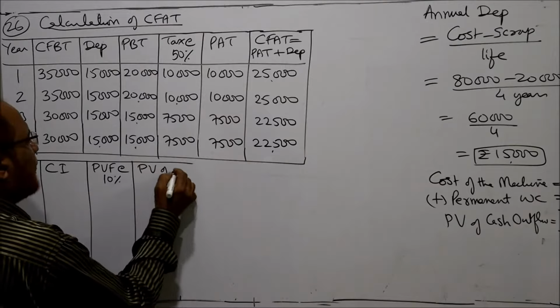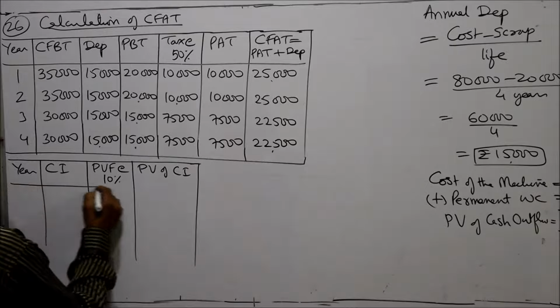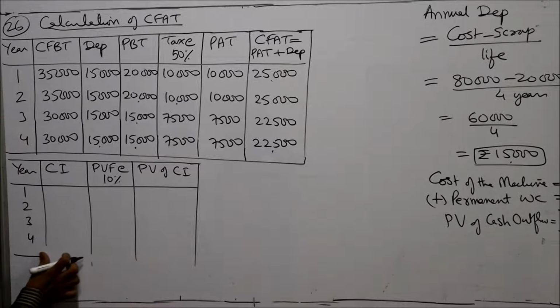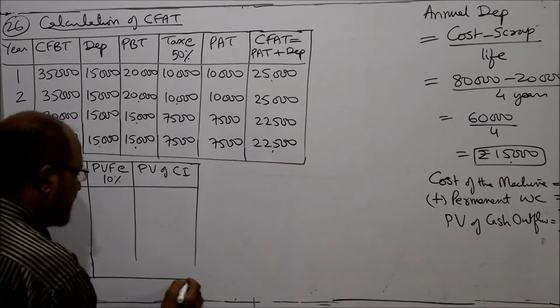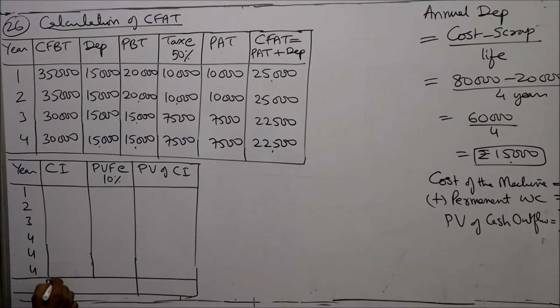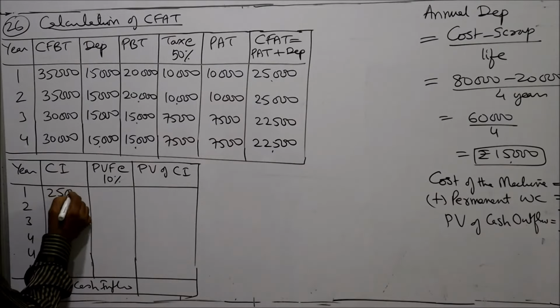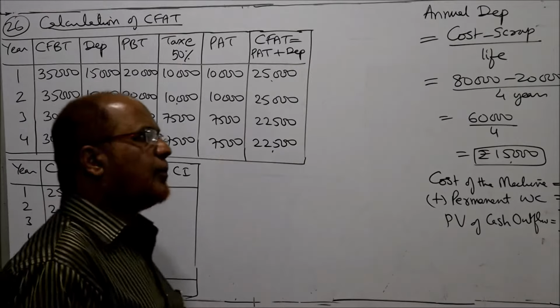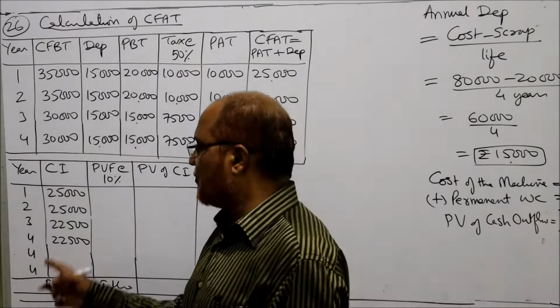Then PV of cash inflow, years 1, 2, 3, 4. Annual CFAT is 25,000, here also 25,000, here 22,500, here also 22,500. These 4 are the operating cash inflows.